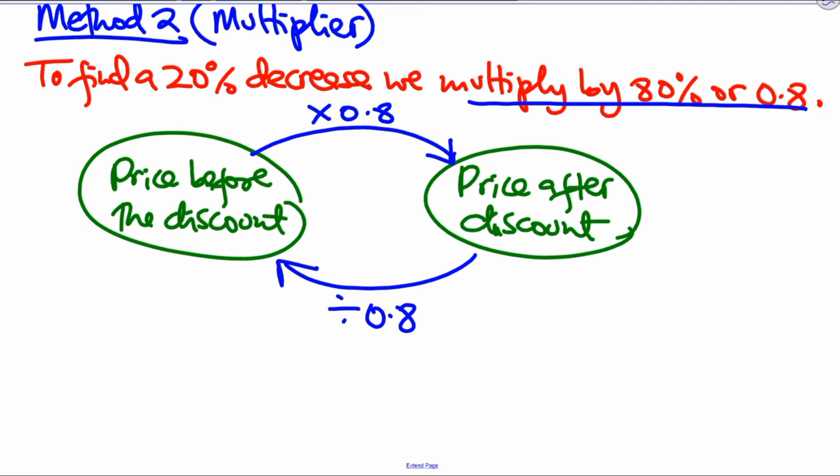The opposite of multiplying by 0.8 is dividing by 0.8, which means that the original price will be equal to 400 divided by 0.8. Okay? Remember, this is $400.